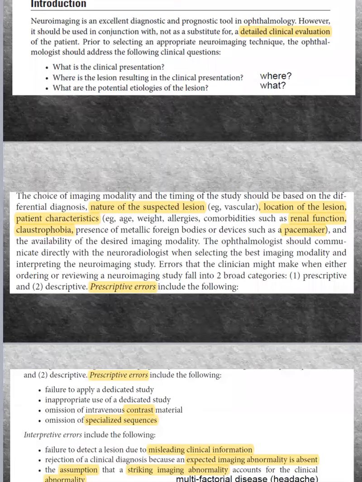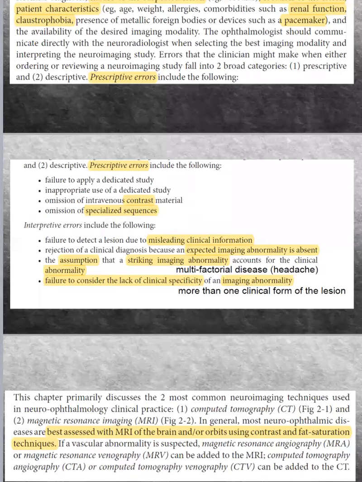I want to ask you something. If you have some patient and this patient somehow has decreased vision or something, you suspect something, you ask for radiology, and the radiology didn't lead you to anything.